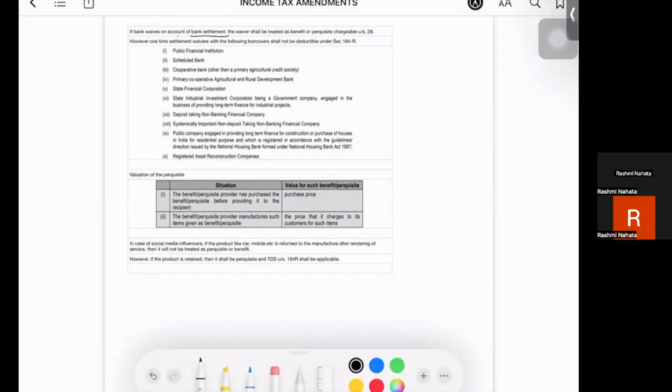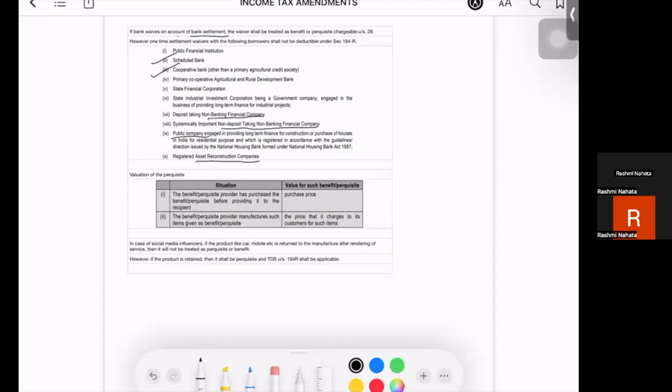It could be a public financial institution, scheduled bank, cooperative bank, primary cooperative agricultural rural bank, state finance corporation, state industrial investment corporation, non-banking finance company, non-deposit taking non-banking finance company, any other public company which is engaged in providing long-term housing finance or any other finance, and asset reconstruction companies. So if they are giving such waivers, then TDS shall not be applicable.